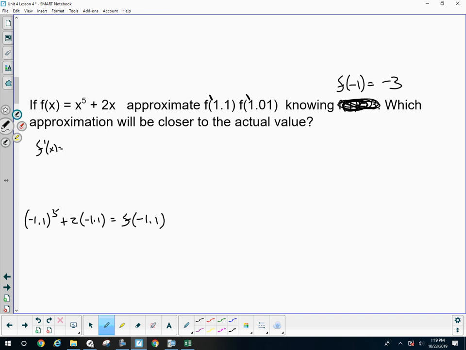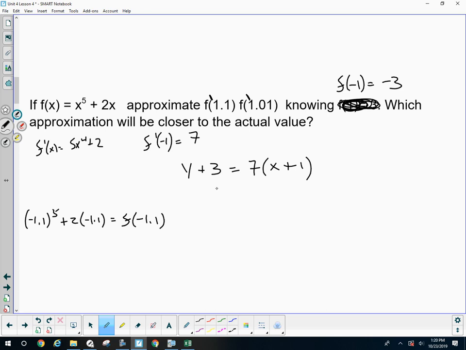F prime is 5x to the 4th plus 2. F prime of negative 1 is positive 5 plus 2, which is 7. Okay? That gives me my y minus my y1 equals my m times x minus my x1.